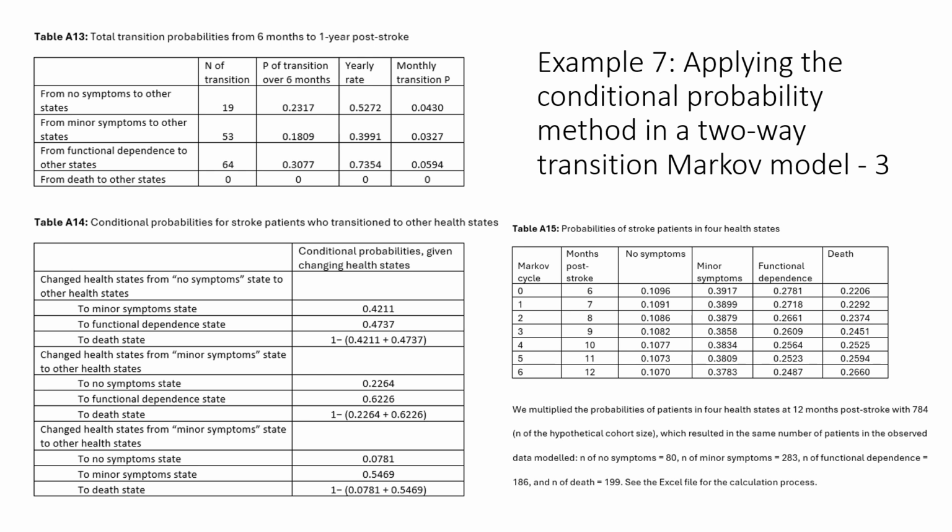We used the methods introduced above to estimate the total transition probabilities and conditional probabilities for patients at 3 surviving states, tables A13, A14, and A15. We ran the Markov model for 6 cycles and got the same results as those, column total, in table 4. We have illustrated the calculation process in Microsoft Excel.